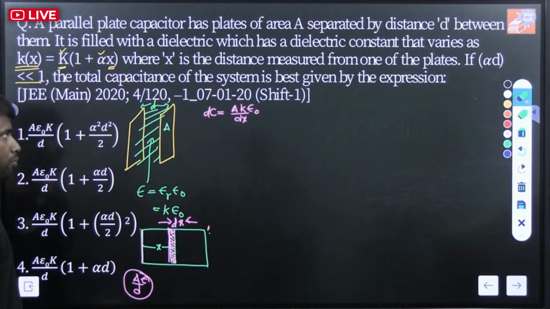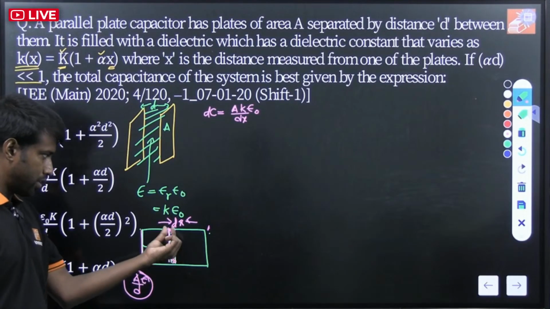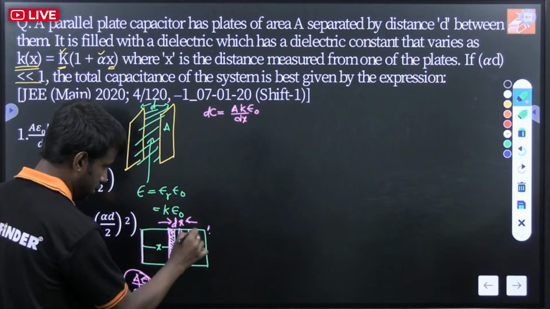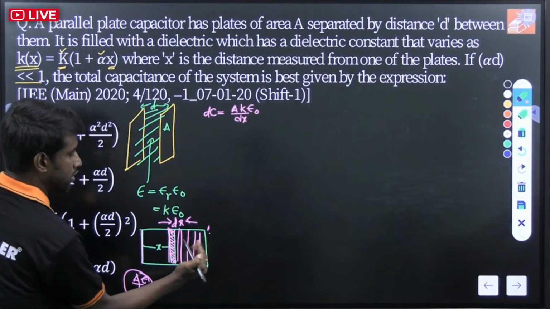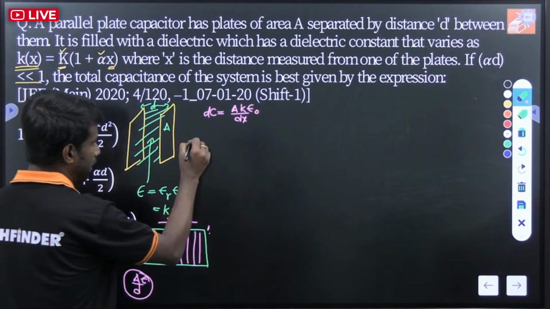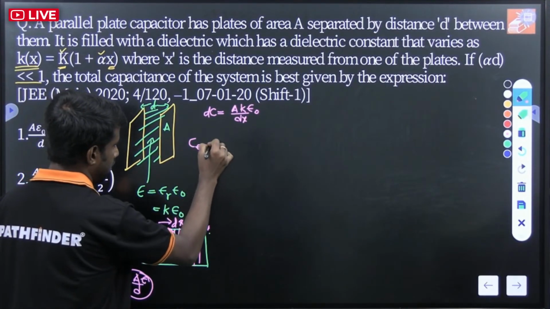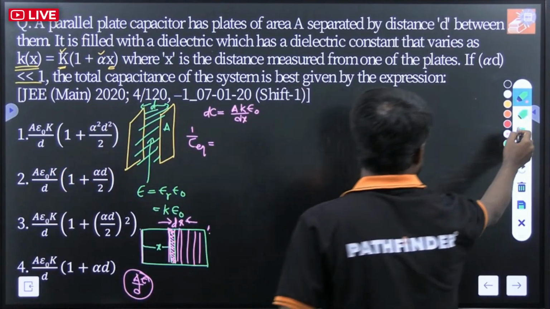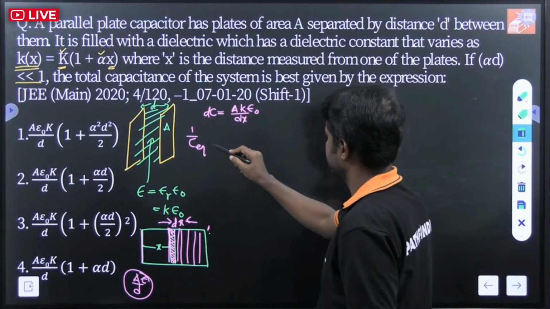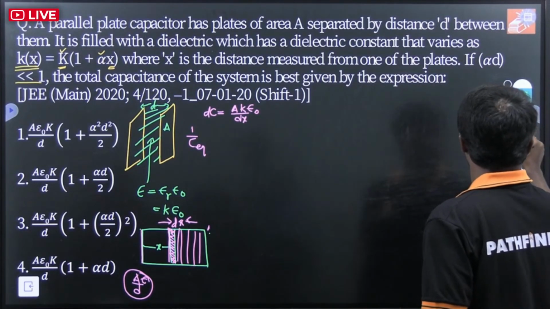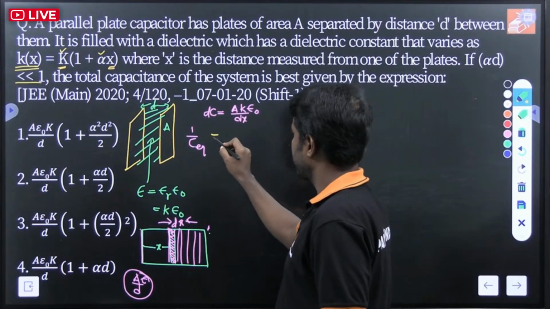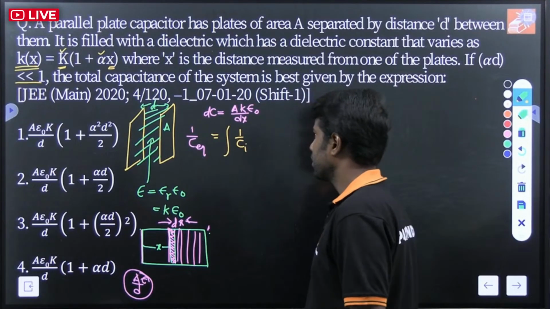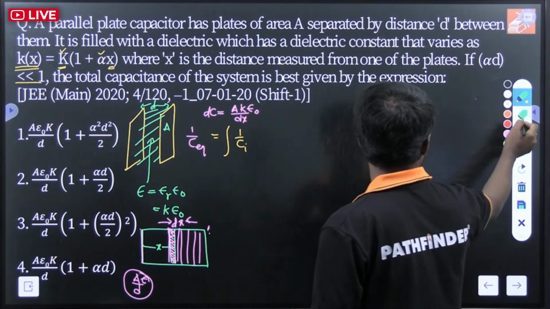This is the capacitance value of this dx thickness part. You can see that many dx thickness capacitors are kept one by one, which means they are in series. So the equivalent capacitance will be: 1 by C equivalent equals the integration of 1 by Ci, or dC we can say.